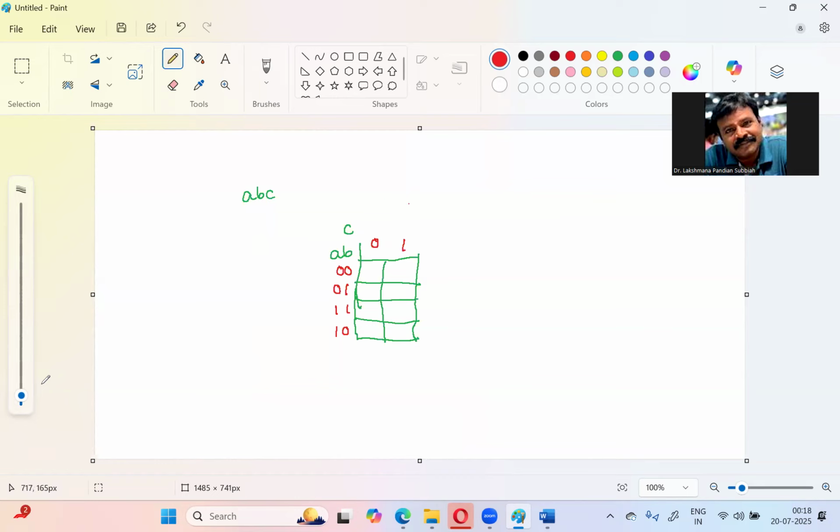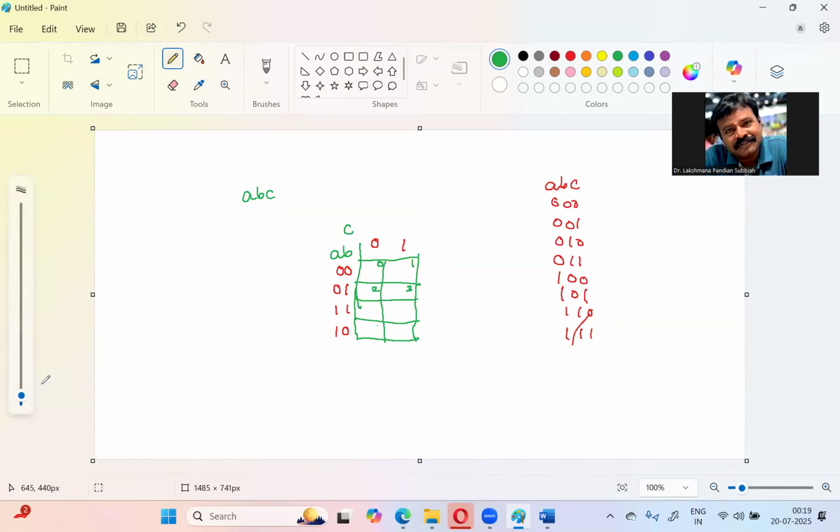If we take this as ABC, the possible inputs are 000, 001, 010, 011, 100, 101, 110 and 111. So we have 0 to 7 possibilities. Now how do you fill those? Starting from the corner, this is equivalent to 0, this is 1, this is 2, this is 3.